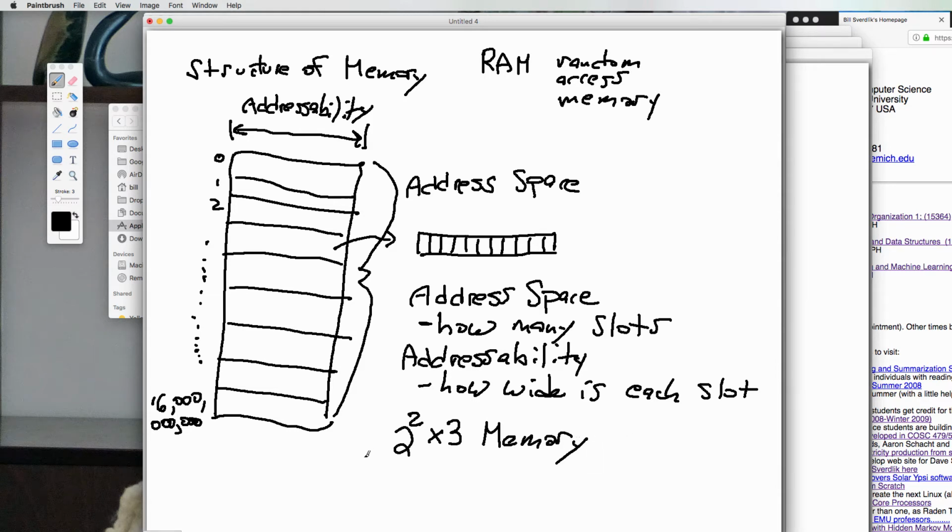And what's going on over here is the 2 squared, this is the address space. And the 3 over here is the addressability. Okay, so let's do that.